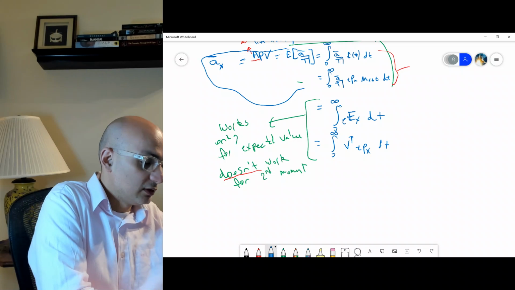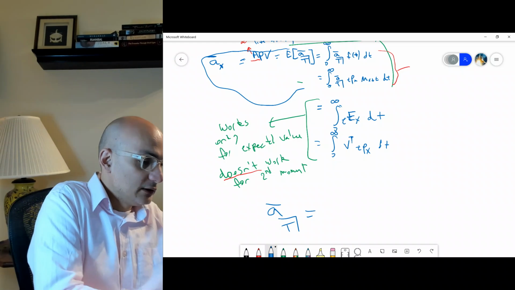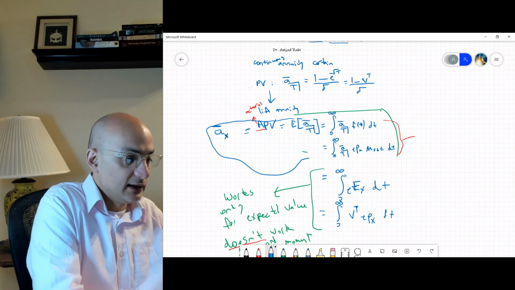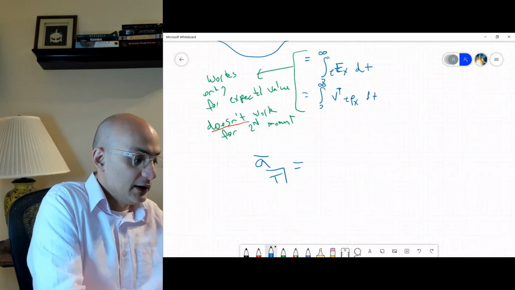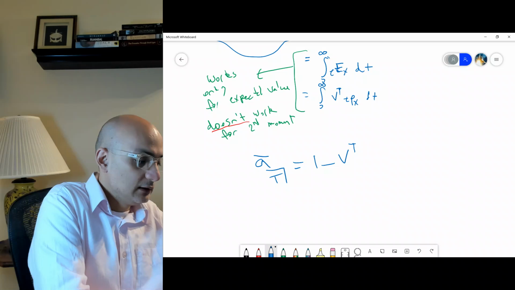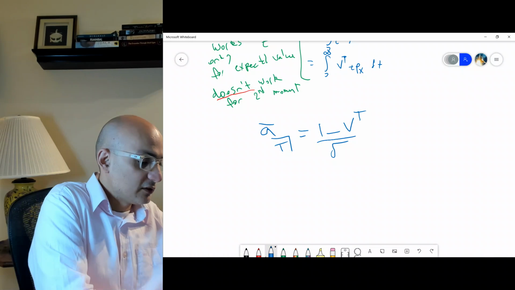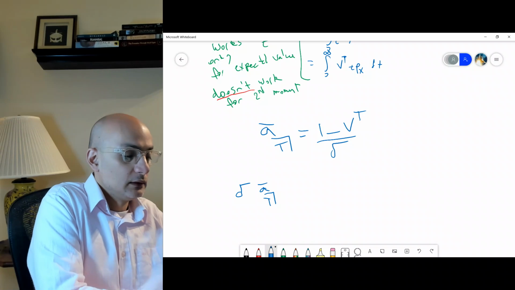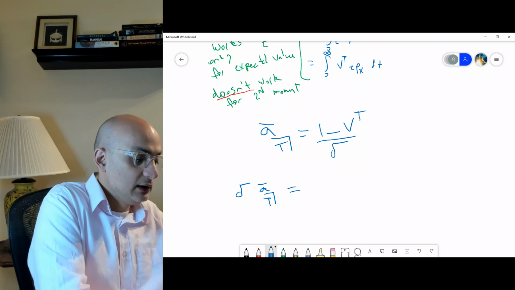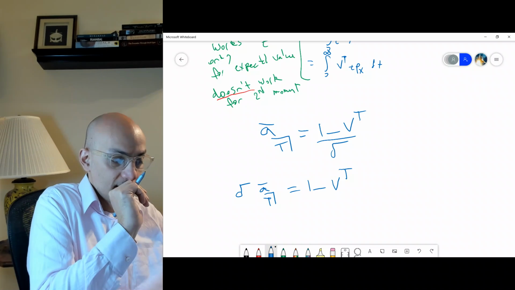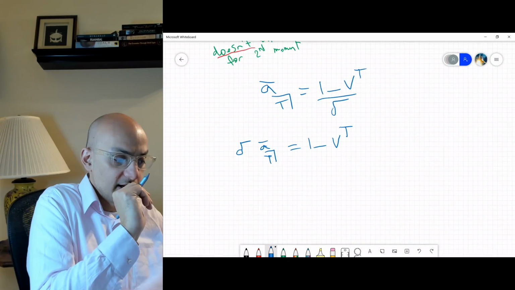Remember, we said this is the expected value of, or let's start from this point. Let's start with the annuity certain, a bar angle T. And we said this one, if you go back here, is 1 minus v^t over delta. Now this gives us delta times a bar angle T equals 1 minus v^t. It's very straightforward, right?